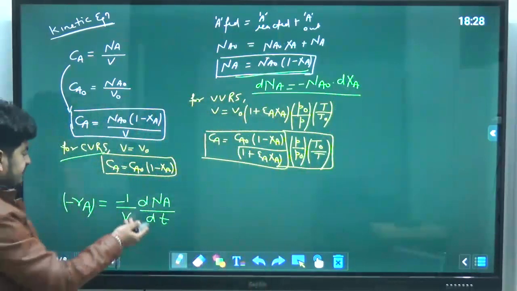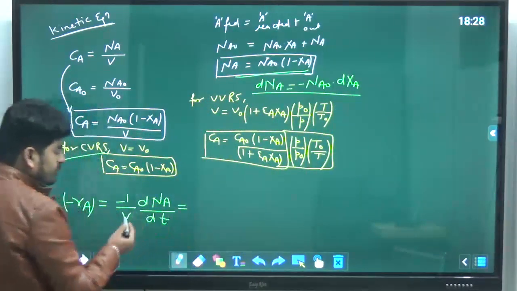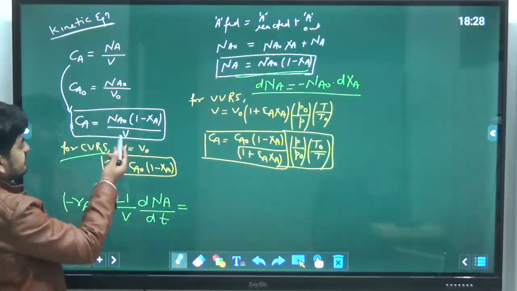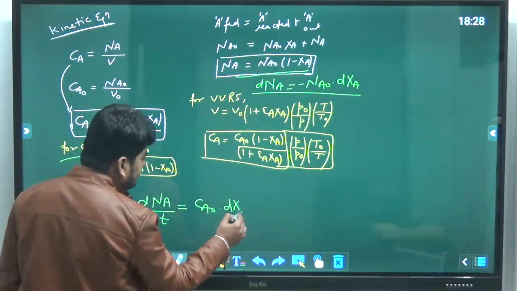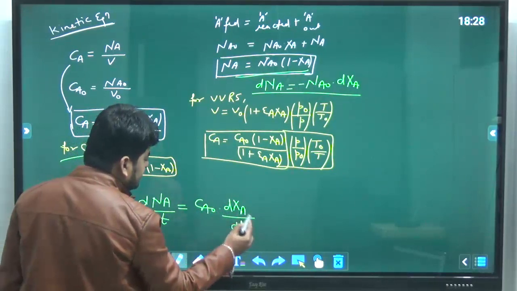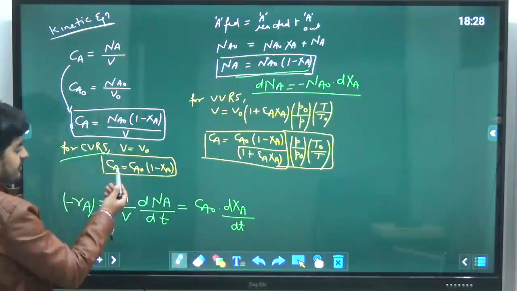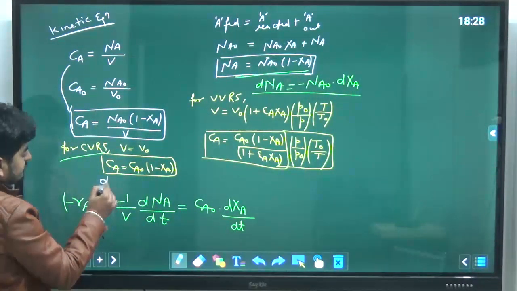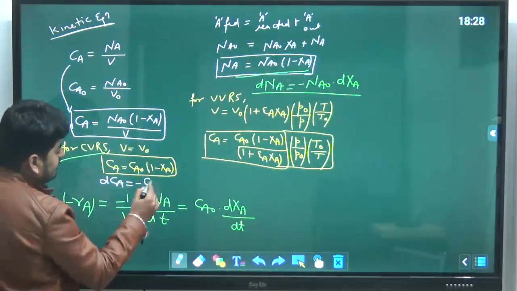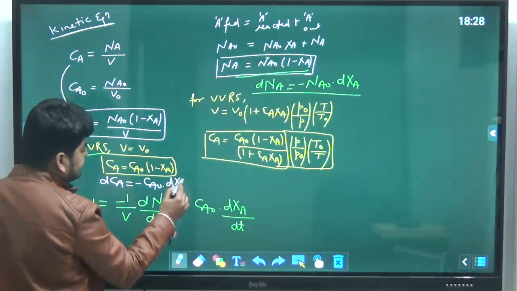When you put this value here, this will become Na naught over V, and Na naught over V for CVRS can be written as Ca naught. It will become Ca naught into dXA over dt. And from here you know that Ca equals Ca naught times 1 minus Xa, so dCA will be equal to minus Ca naught into dXA.